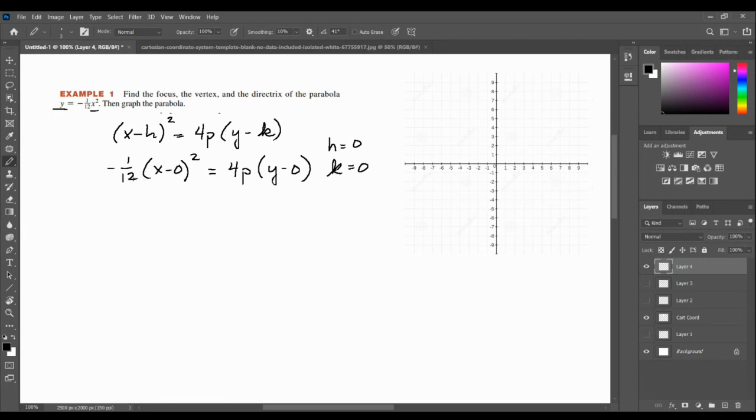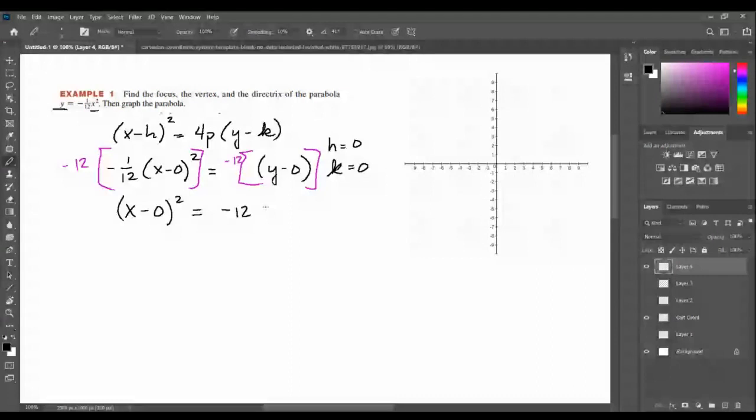So let's see, you know what, I shouldn't have written that 4p yet because I wanted the exact same formula. So there we go. I'm going to multiply both sides by negative 12 to clear that fraction out. So when I do that now, I've got x minus 0 squared equals negative 12 times y minus 0.